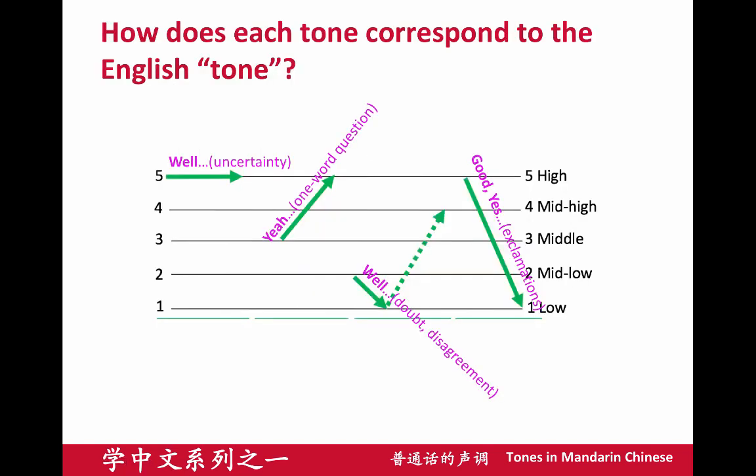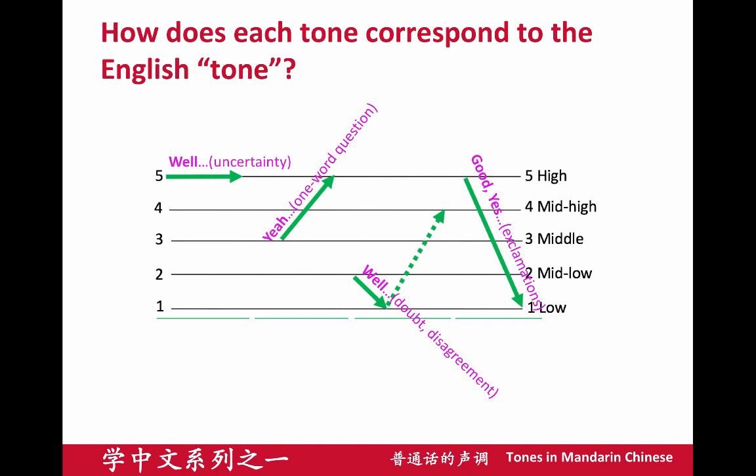If you're an English speaker, you might be wondering, is there anything in English similar to the four tones in Chinese? Well, let's ask Tian Tian. Tian Tian, can you explain that? Yes, there is. For example, when we're expressing uncertainty or hesitation, we sometimes say, well, this is similar to the first tone in Chinese. Ma.